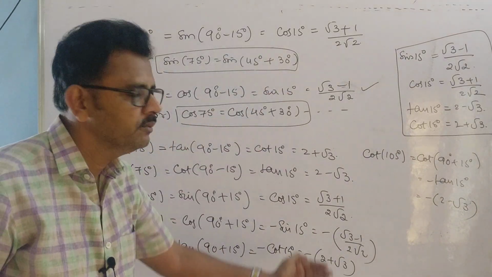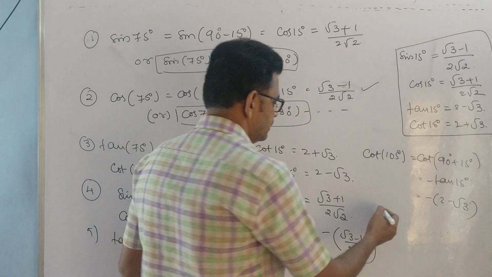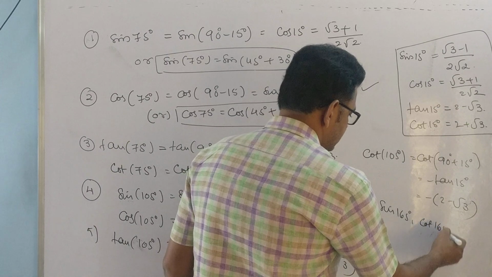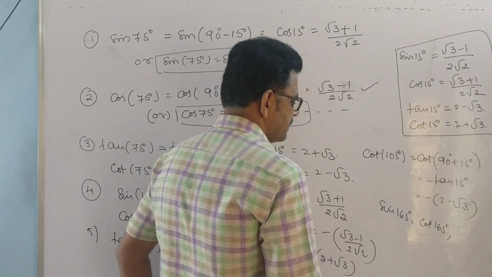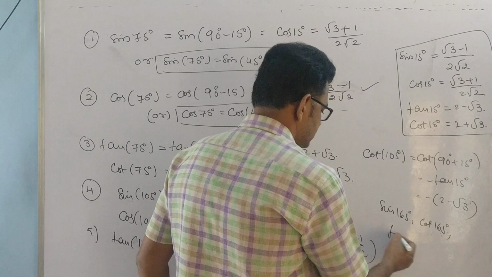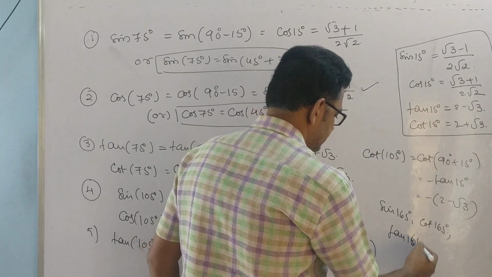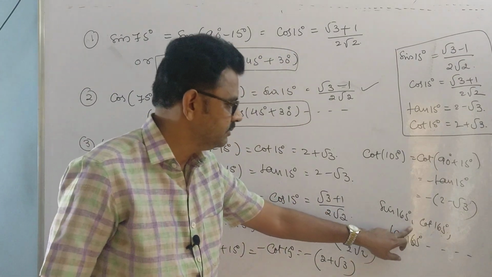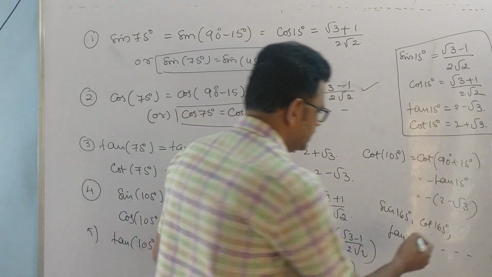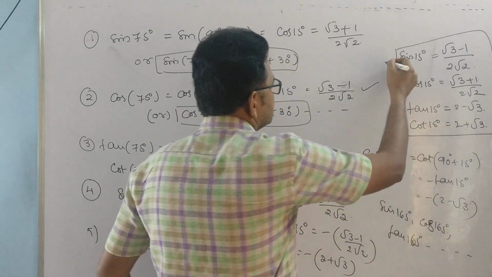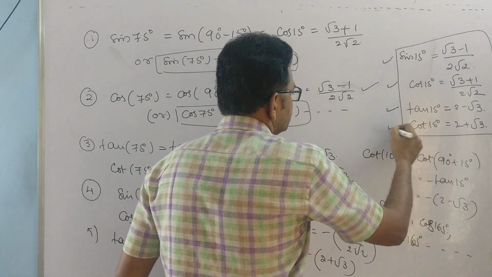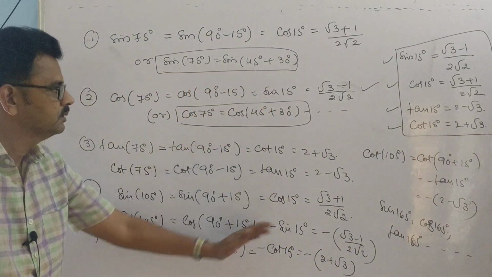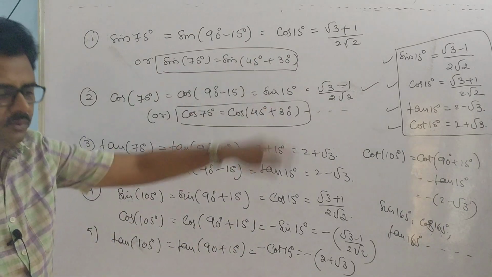Similarly, we have to find sin of 165 degrees, cos of 165 degrees, and tan of 165 degrees. This can be written as sin of 180 minus 15, cos of 180 minus 15. So if you remember these four formulas, that means we can learn more based on these four.